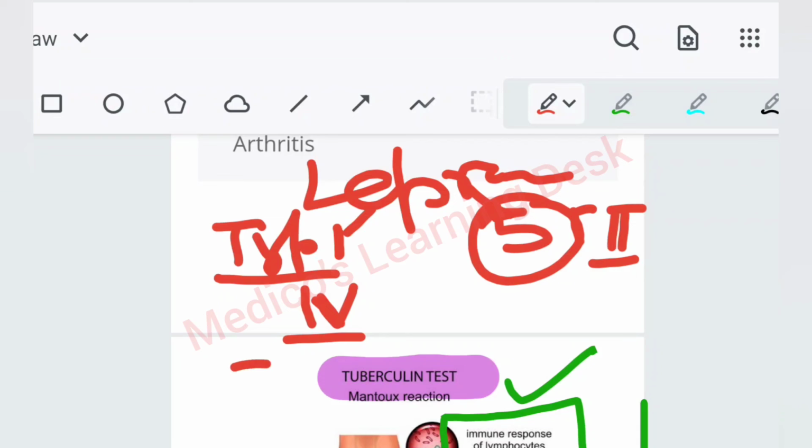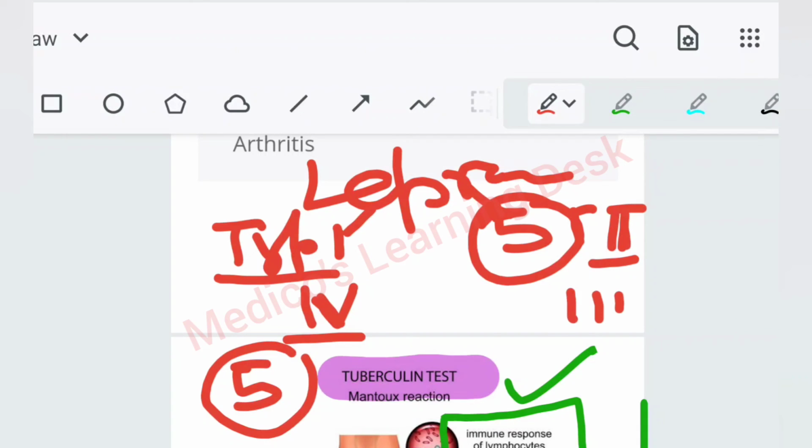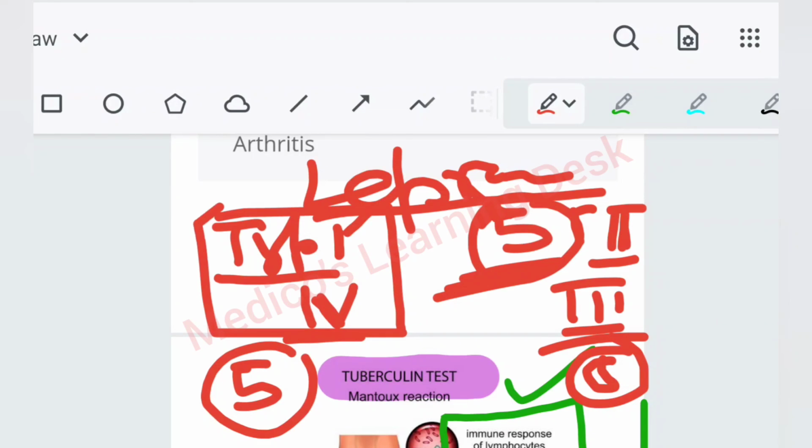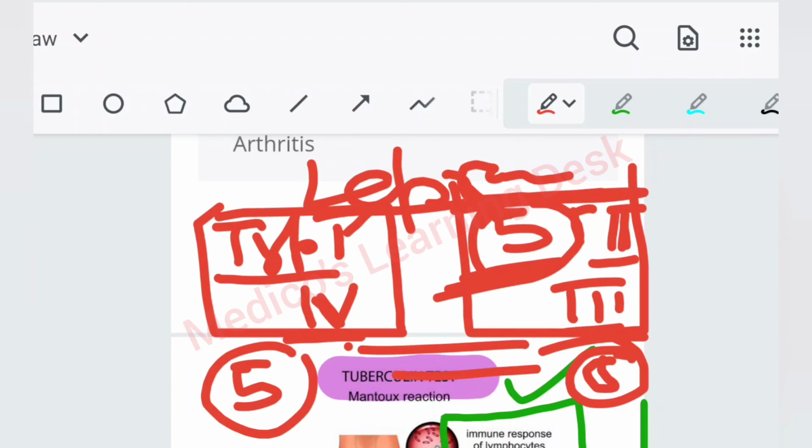So the addition will come to 5, right? And type 2 will fall under type 3. So again the addition will come up to 5. So in lepra reaction there will be the rule of 5, that is type 1 will fall under type 4 hypersensitivity reaction, and type 2 will fall under type 3 hypersensitivity reaction. So both additions are equal, that is 5.